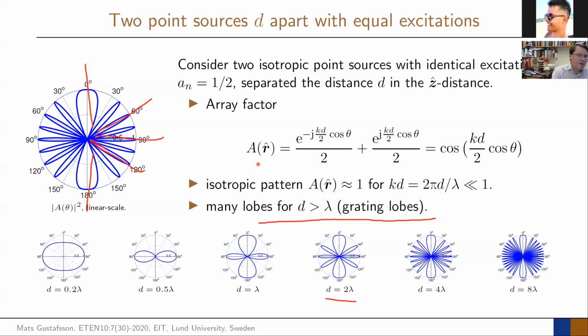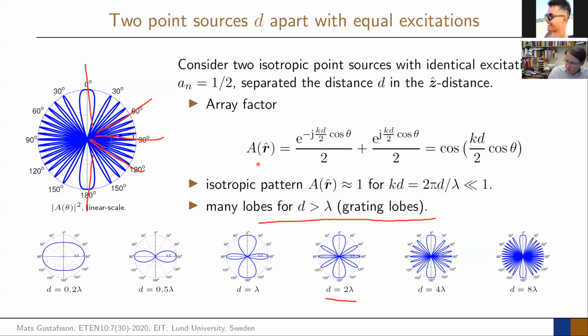If I make it even higher here, you can see it gets more and more of these lobes in different directions, these grating lobes. If you think about what we talked about today, in which case have we seen this large distance between antenna elements? If you think back about examples I showed you, some radar antennas, some communication antennas, and then I showed you radio astronomy antenna with these parabolic reflectors and told you that the distance between them could be 10,000 wavelengths.